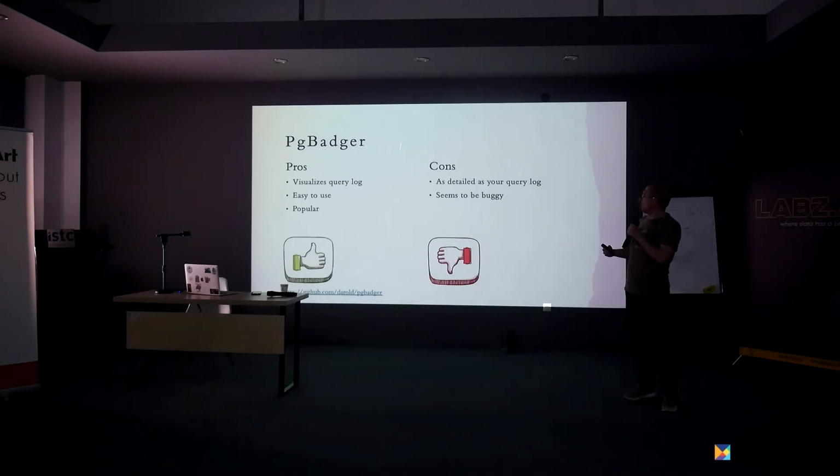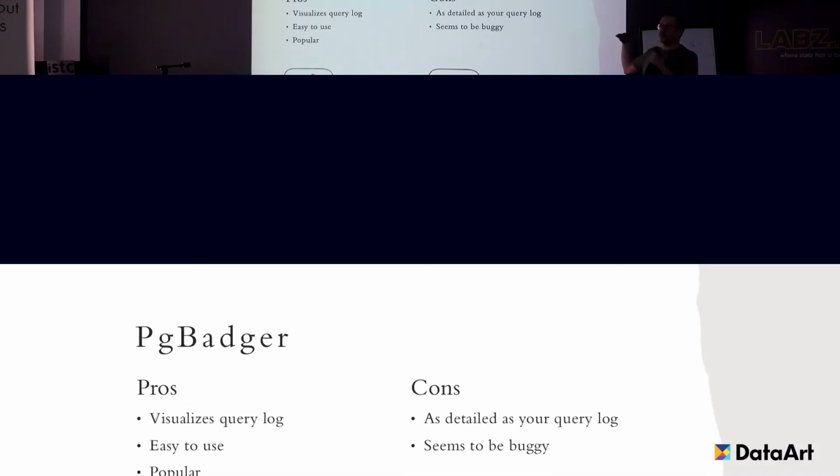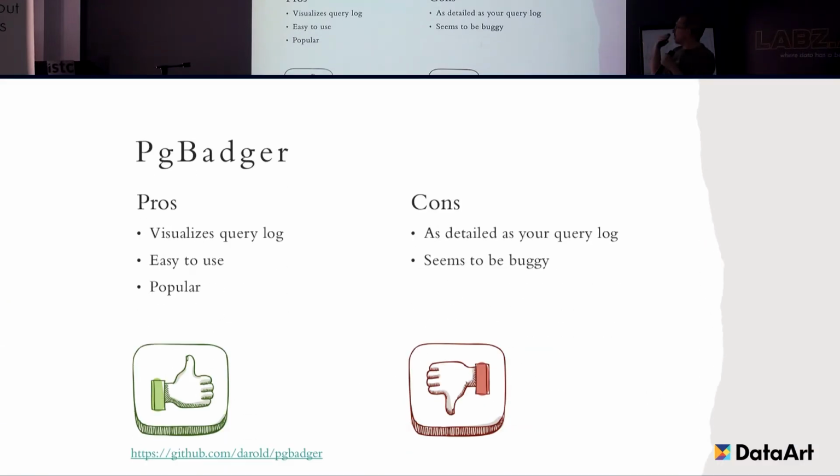It will not add anything there. So it's as detailed as your log, and when I was using it, it was quite buggy. It could skip part of your log for some reason. So it didn't work either.